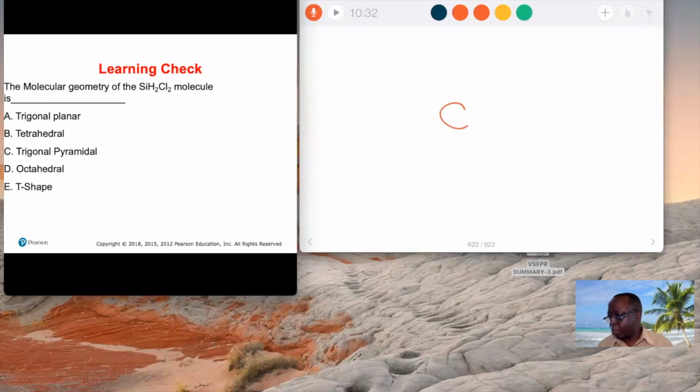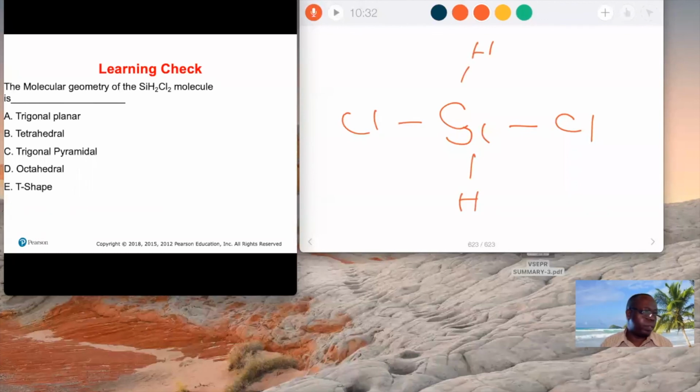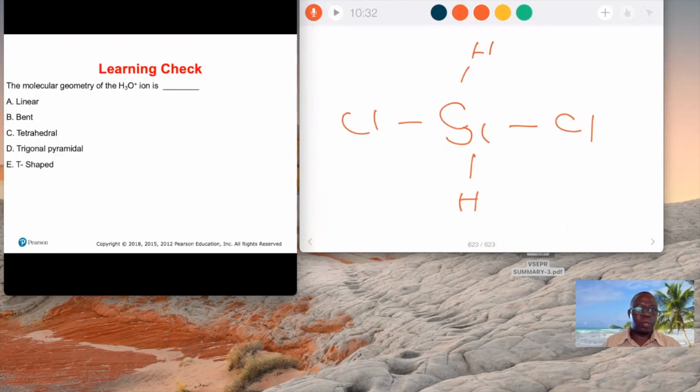It is silicon bonded to 2 chlorines. It doesn't really matter where you put the hydrogens. Silicon is in group 4. So that's what I'll do for that.